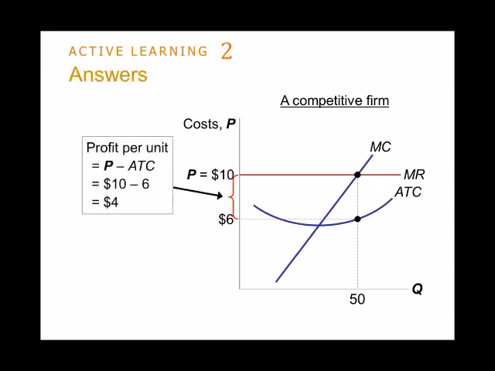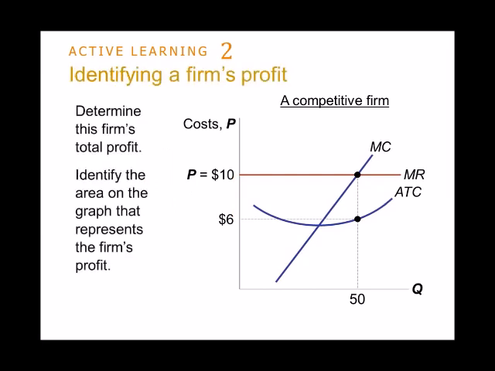The point where profit is maximized is always MR equals MC. So step one is to figure out the point where MR equals MC. At what quantity does this happen? We found out that at 50 units, we have MR equals MC.